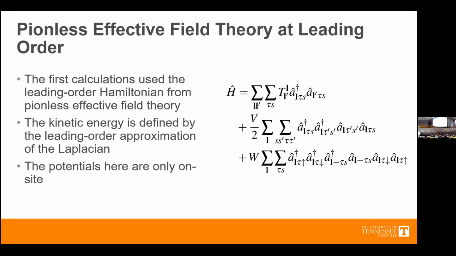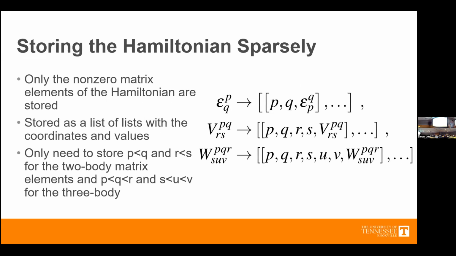The first interaction we published and took a look at was a simple contact interaction from pionless effective field theory, and the kinetic energy is just the leading order approximation of the velocity, as you can see here. We also need to take advantage of this sparsity and not store a bunch of zeros.